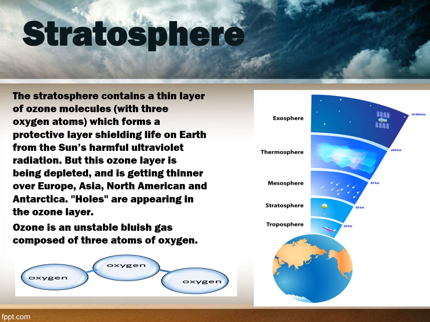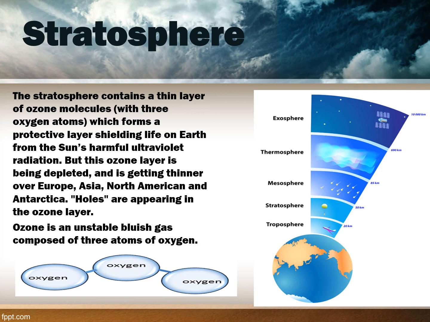The stratosphere contains a thin layer of ozone molecules with three oxygen atoms, which forms a protective layer shielding life on Earth from the sun's harmful ultraviolet radiation. But this ozone layer is being depleted and is getting thinner over Europe, Asia, North America, and Antarctica. Holes are appearing in the ozone layer.